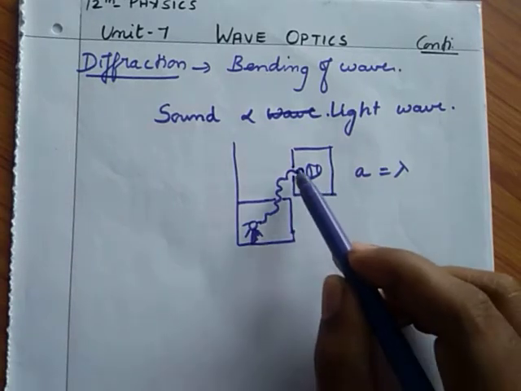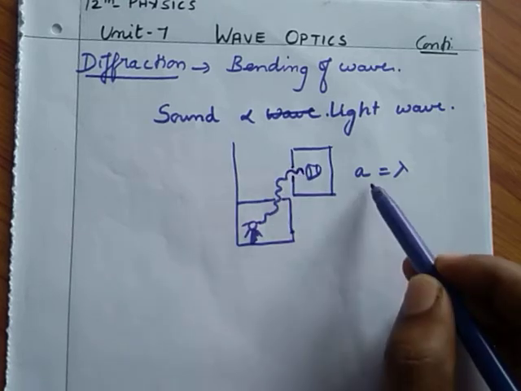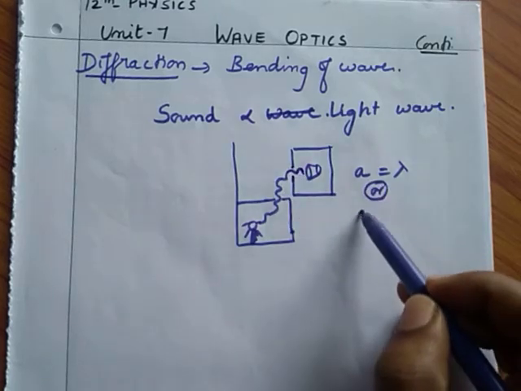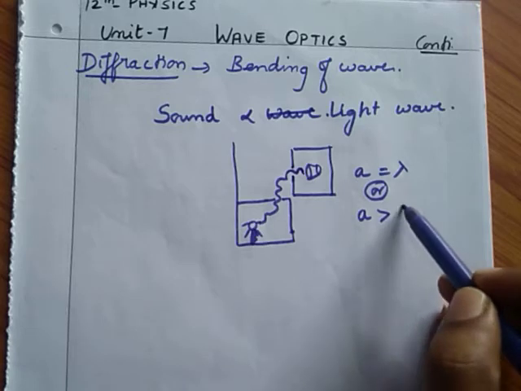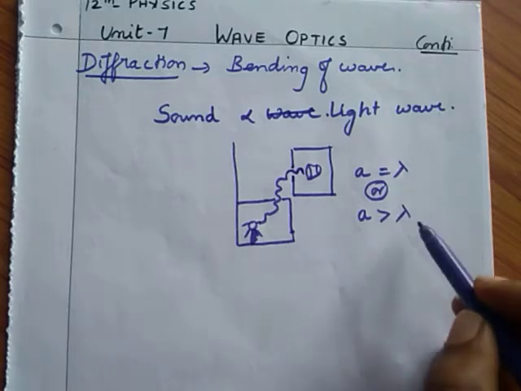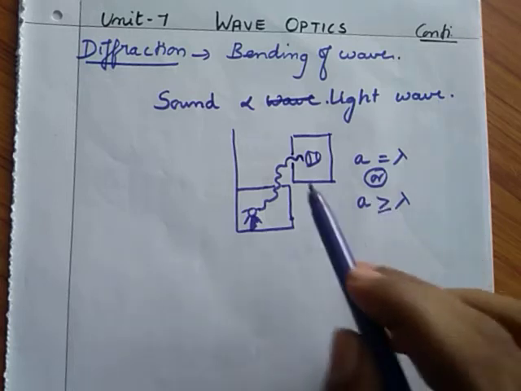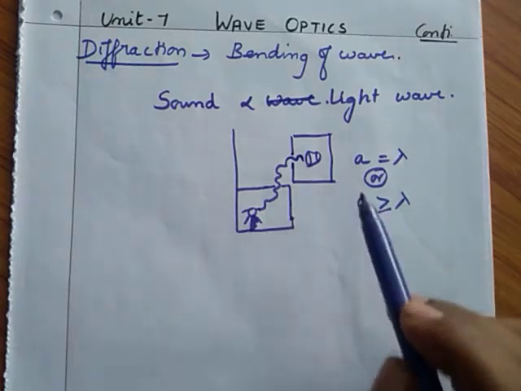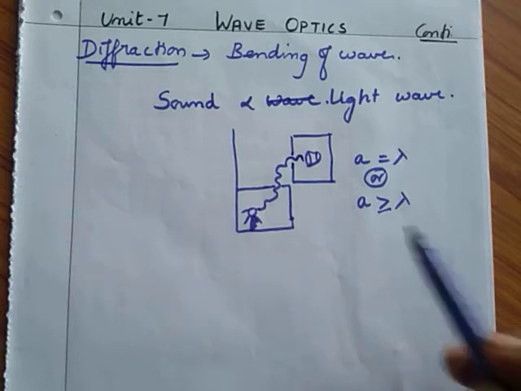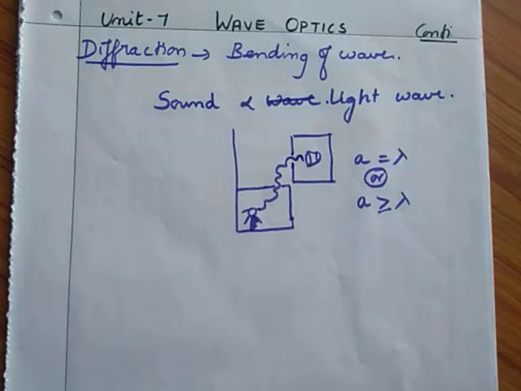For the case where A is little greater than lambda, equal to or greater than lambda, diffraction is also possible. Because of this we can hear the sound wave from a long distance.